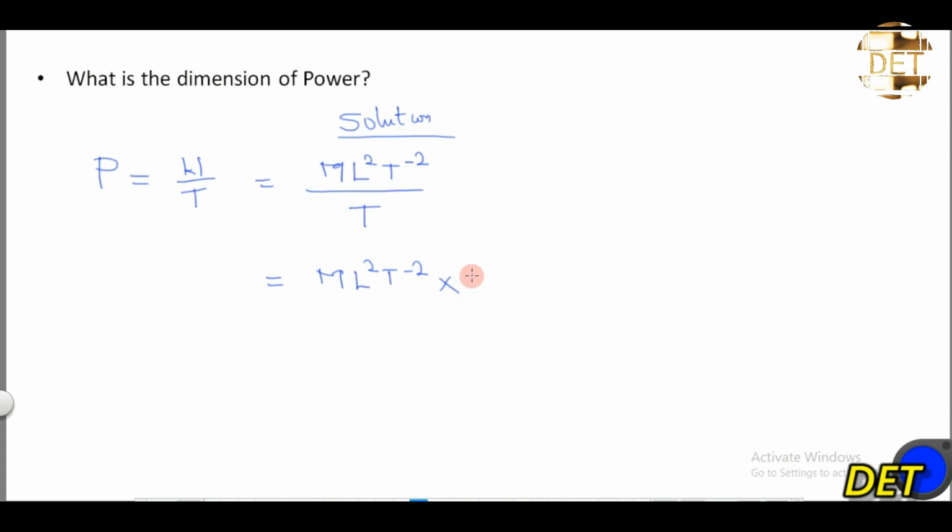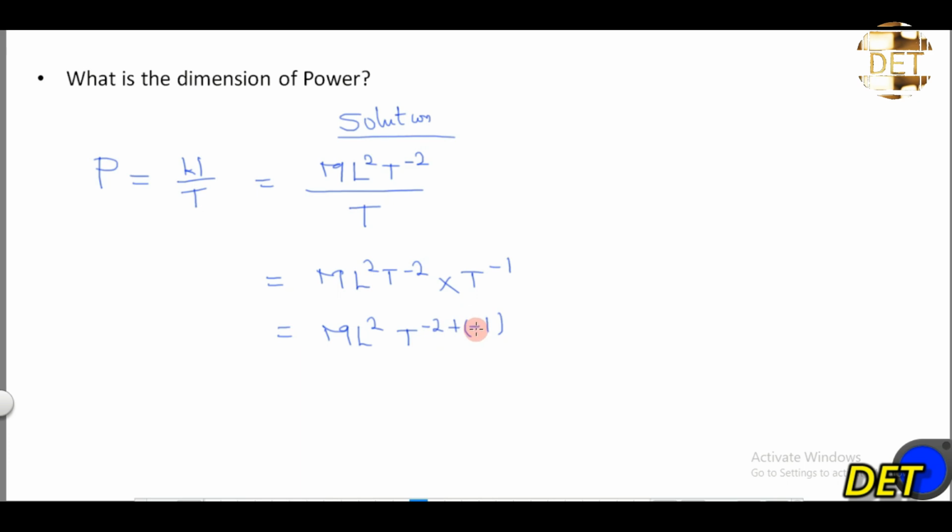Minus 1. It becomes t raised to the power of what? Minus 1. So t raised to the power of minus 2 times t raised to the power of minus 1, according to indices, will give you ml squared t raised to the power of minus 2 plus what? Minus 1, right?